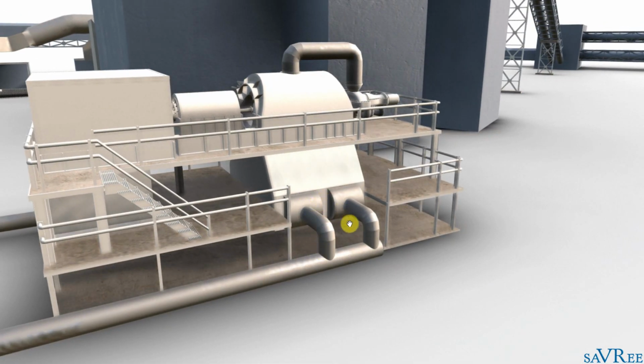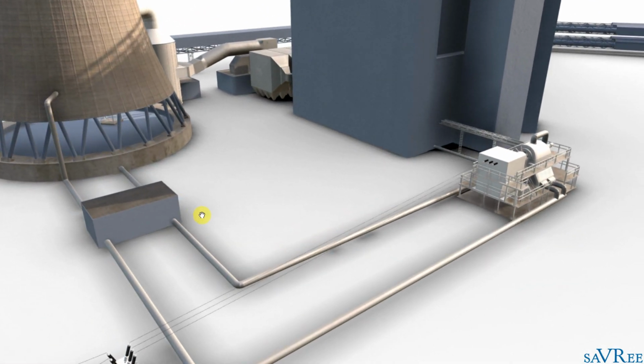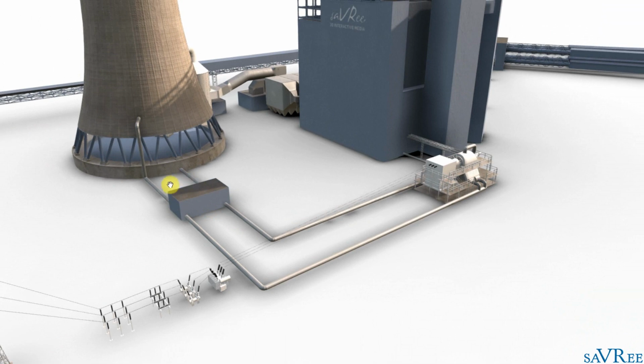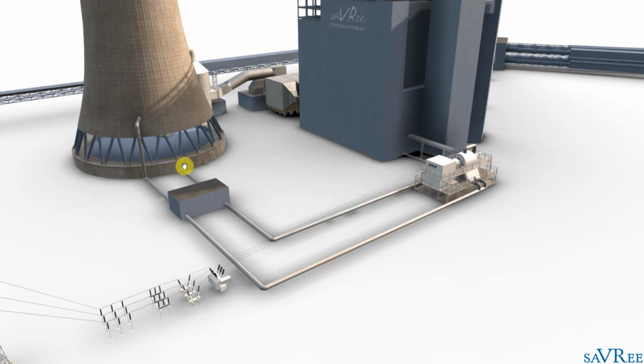You can see them on this side. And if we zoom out, we can see that they connect to a cooling tower, and the water is coming along here. It's passing through the condenser along here and going back to our cooling tower. In this way, we can use the cooling water from the cooling tower to cool down the steam and cause it to condense.